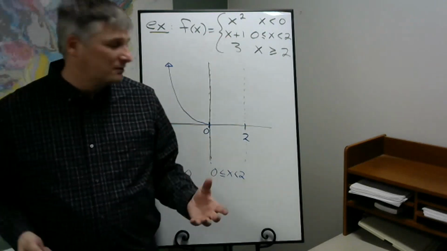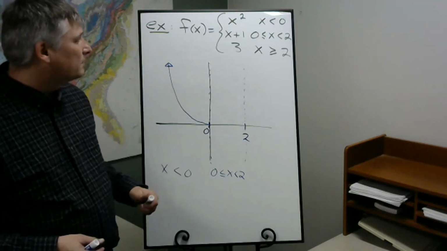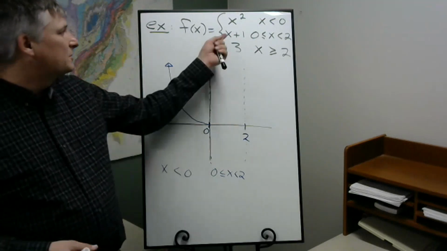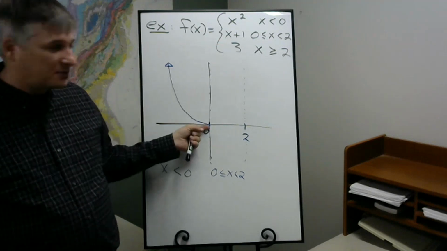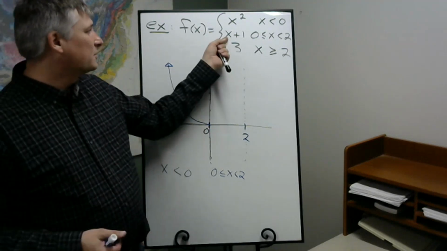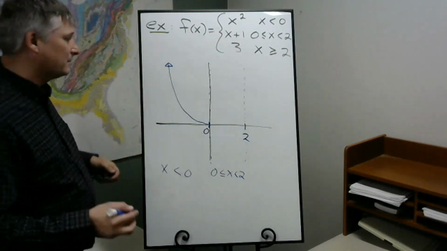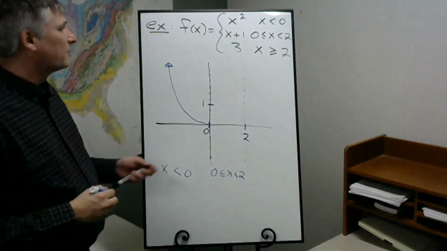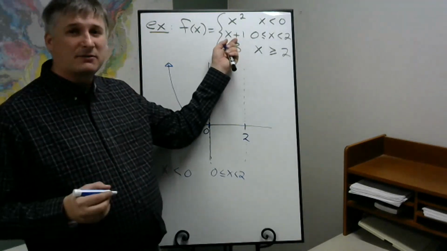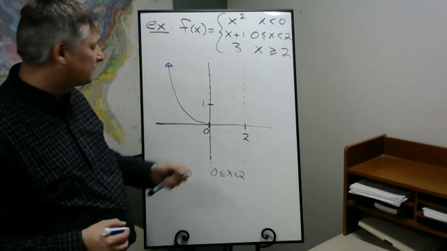So where is it along this boundary? Well, we can figure that out by substituting in x is 0, because the boundary is at x is 0. So 0 plus 1, that gives us 1. So that means for the beginning of the second phase, we're going to start up here at 1.